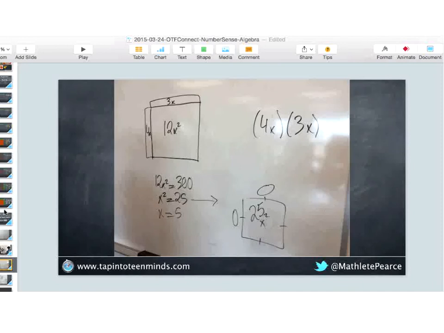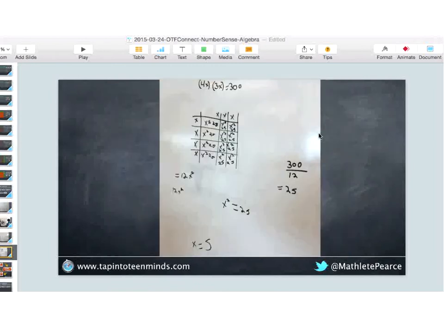So a few different solutions to look at. Here's the last one. Again, this student indicates 25 in each of the boxes, which I thought was pretty cool. That's showing a clear understanding that they know what that means.